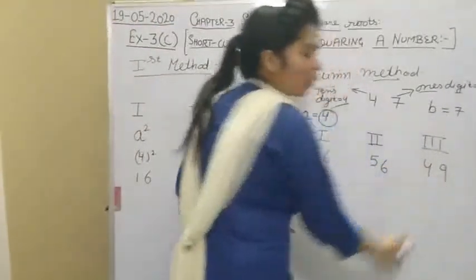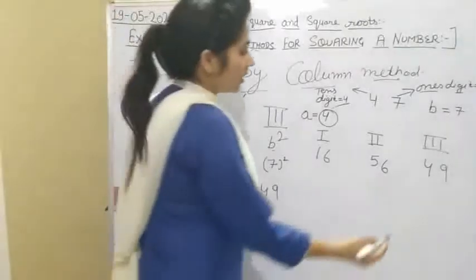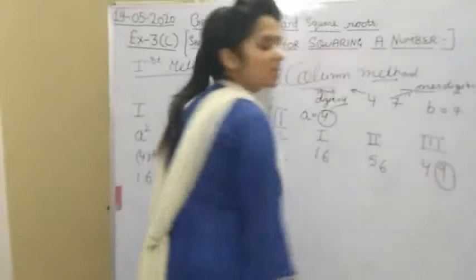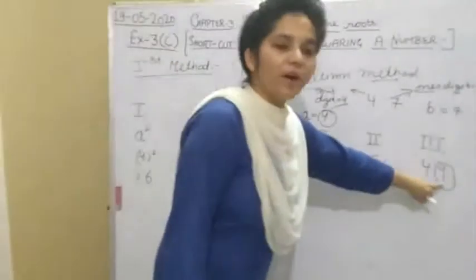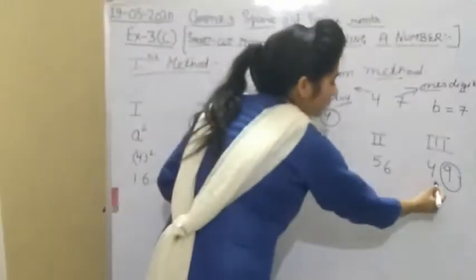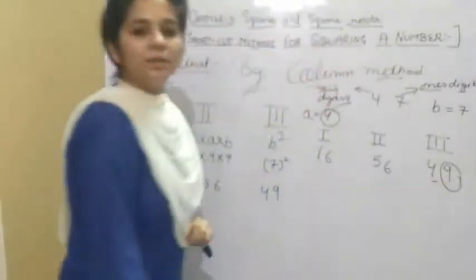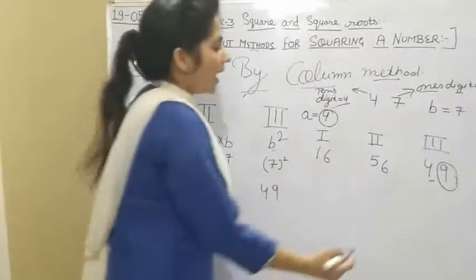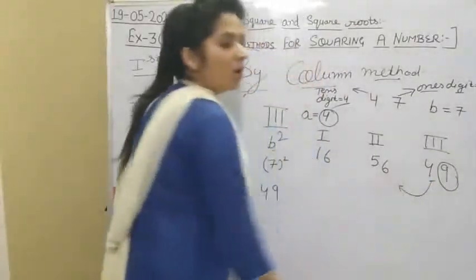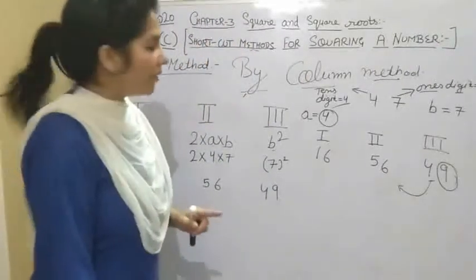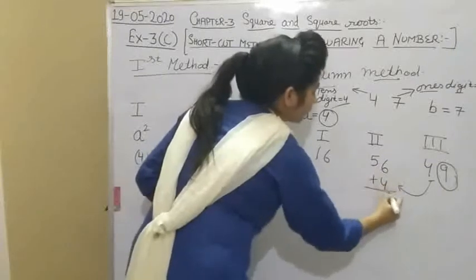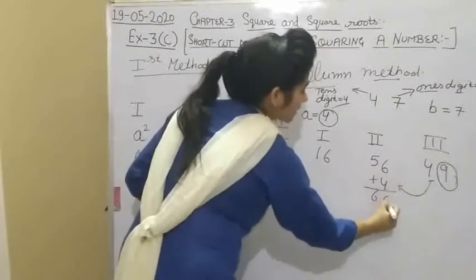Start from the third column. Circle the ones digit. आपने ones digit पर सर्कल करना है. The remaining digit is the tens digit, and the tens digit is carried over to the second column, that is equal to 60.